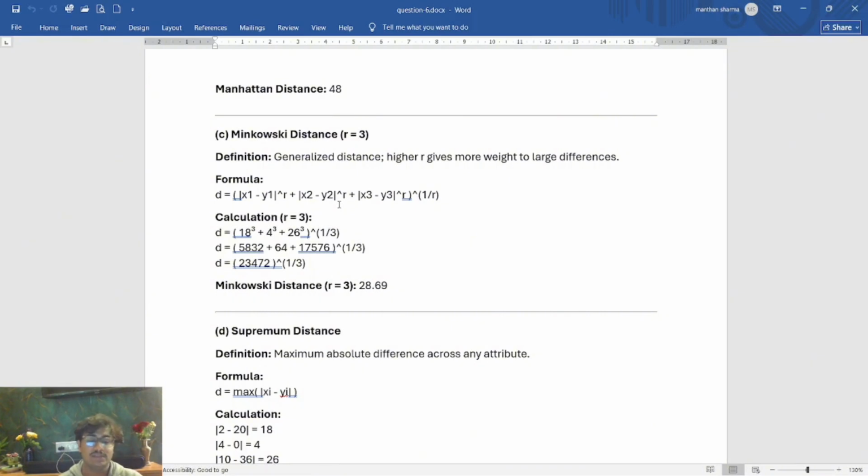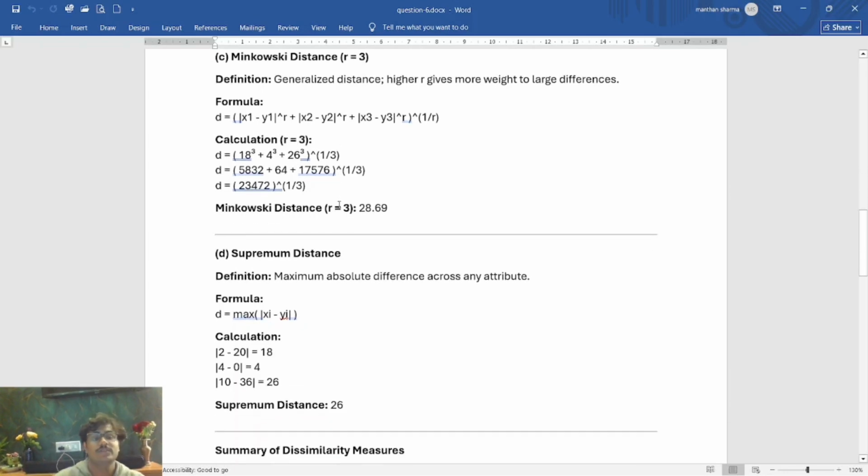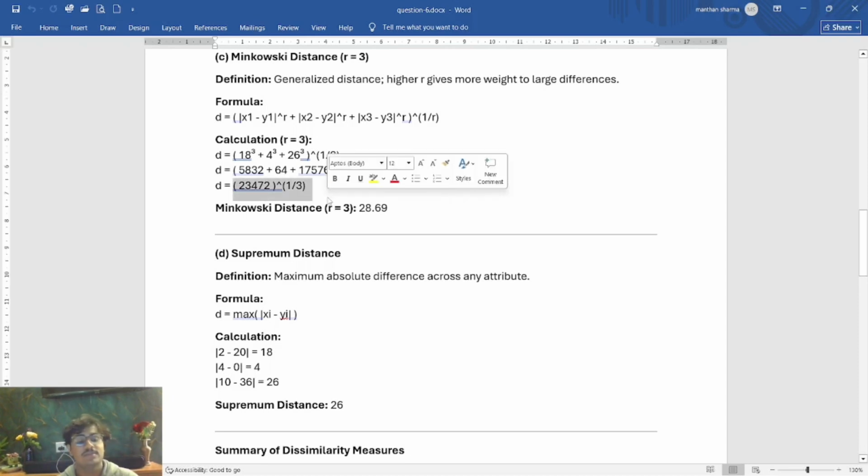Here we compute each term. 18 to the power 3 is 5832. 4 to the power 3 is 64, and 26 to the power 3 is 17576. By adding them up, we get 23472 to the power 1 by 3, which is approximately equal to 28.69. So the Minkowski distance is equal to 28.69.